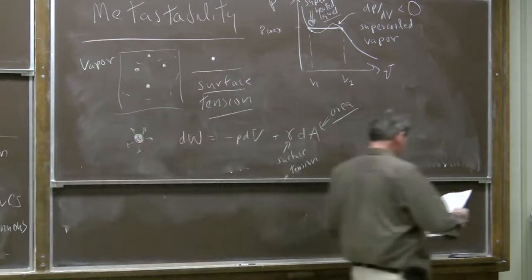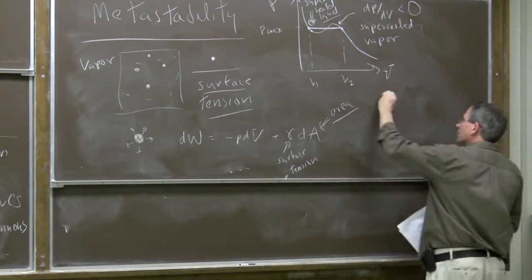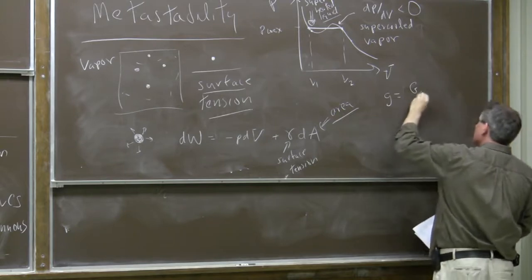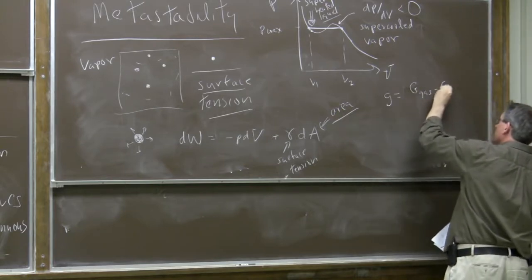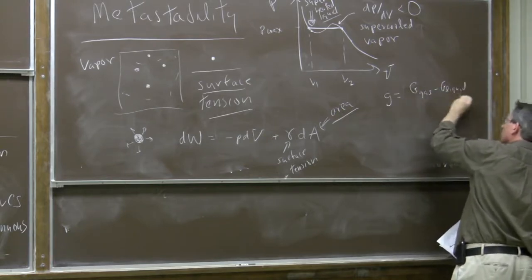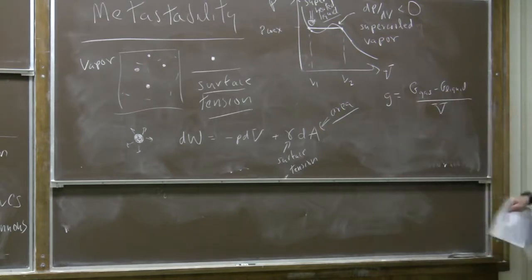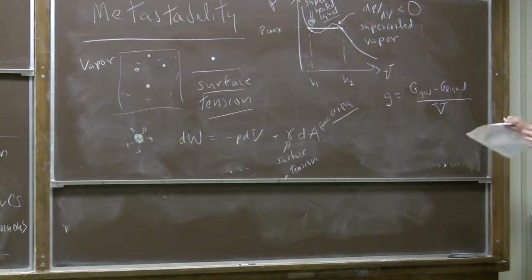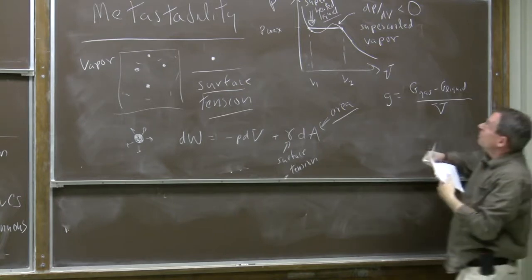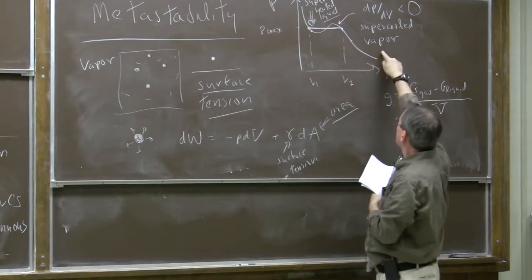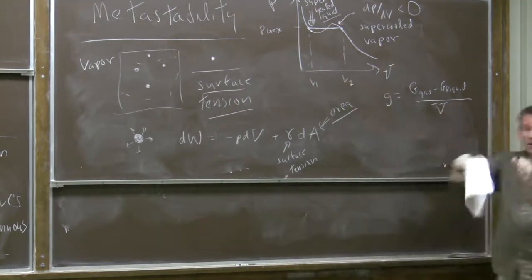So, suppose little g is the difference between the Gibbs free energy of the gas and the liquid divided by the volume. Well, if we were really in the equilibrium configuration, that would be 0. But in the superheated liquid or the supercooled vapor, they don't exactly match.